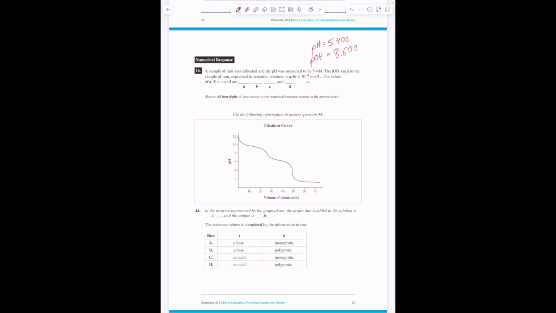And then if I want to find the concentration of OH negative, I go 10 to the negative pOH. So I put in 10 to the negative on my calculator, and I will get 2.51 times 10 to the negative 9, and they want 2519.